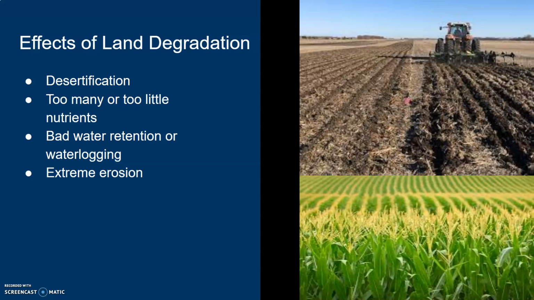All right, I forgot to change the picture here. Effects of land degradation. So you end up with desertification. Obviously, that's bad. I talked about that a bit. That's when, again, you're sent back to the first stage of ecological succession. You have a blank slate. Nothing wrong with deserts, obviously, where they're naturally occurring.